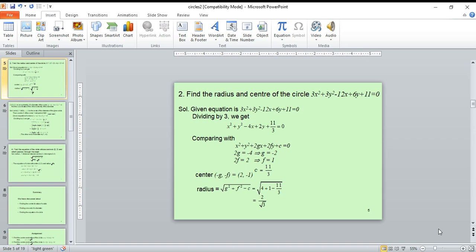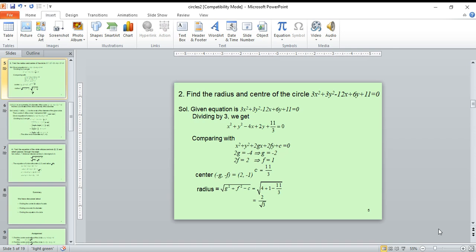If you compare the general equation to this equation, it is not comparable. In the general equation, the x square coefficient is 1 and the y square coefficient is 1, but here the x square coefficient is 3 and the y square coefficient is 3. Therefore, divide the given equation by 3.